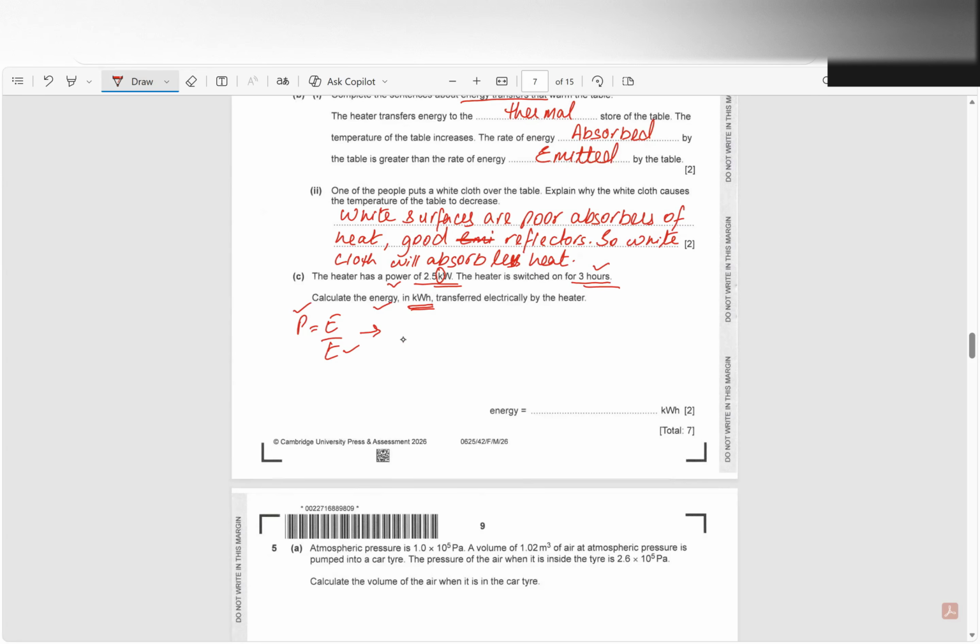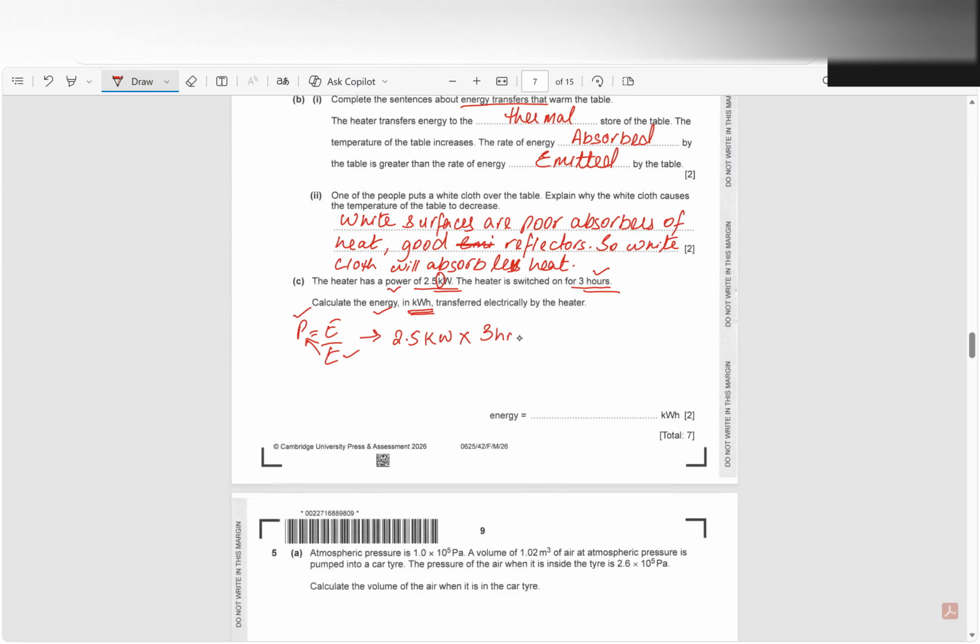Power is 2.5 kilowatts, and time is 3 hours. So we're simply going to multiply the two, and energy is going to be calculated.